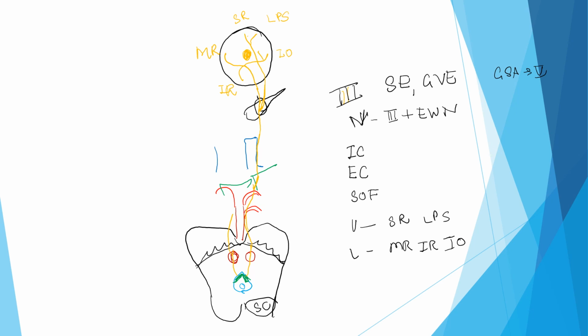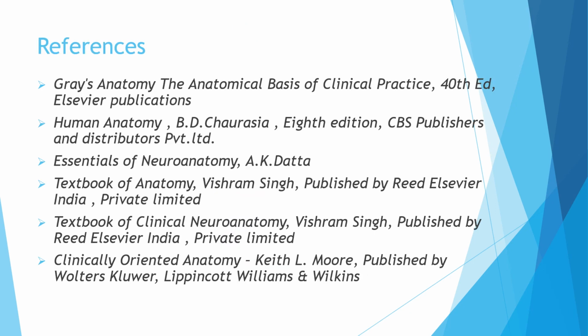The function is motor to all these muscles and it helps in the light reflex by supplying the sphincter pupillae and the accommodation reflex by supplying the ciliaris muscle. So this is in short about the oculomotor nerve. So this is about the third nerve.